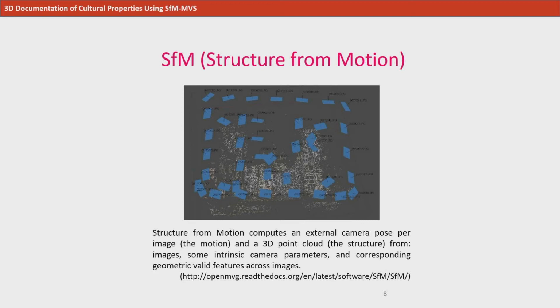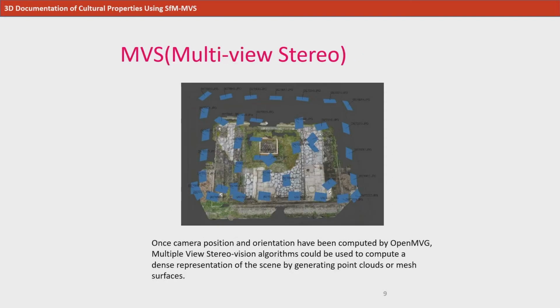SFM, that is, structure from motion, calculates the position of the camera that took the photo to create a rough point cloud of the target, as you can see in the details on the slide. An MVS, that is, multi-view stereo, creates dense point clouds from the rough point group made from SFM and generates a mesh surface.